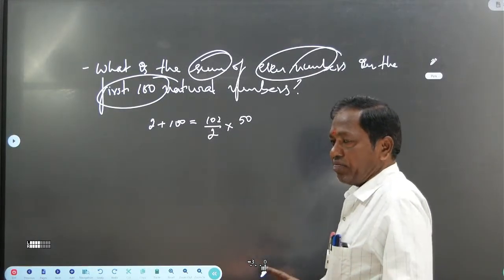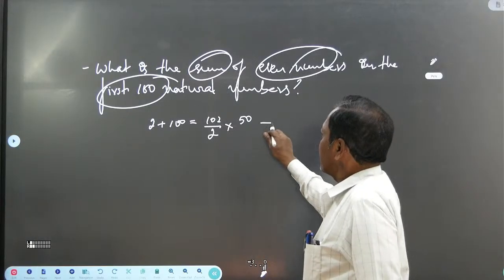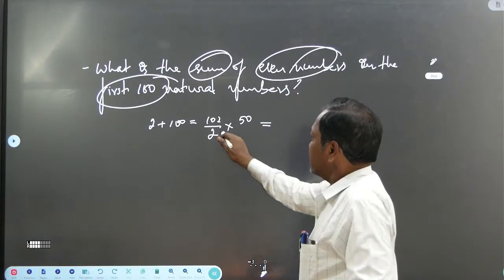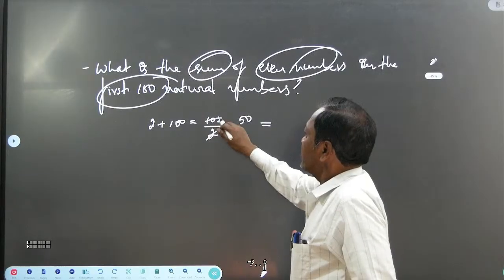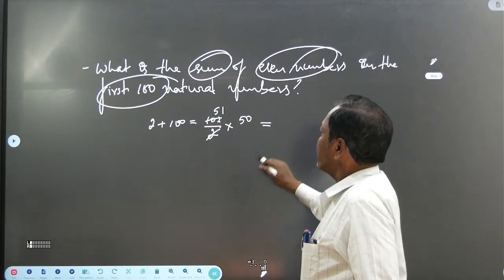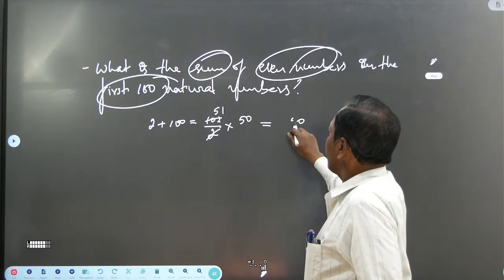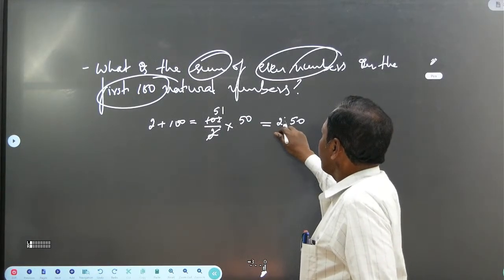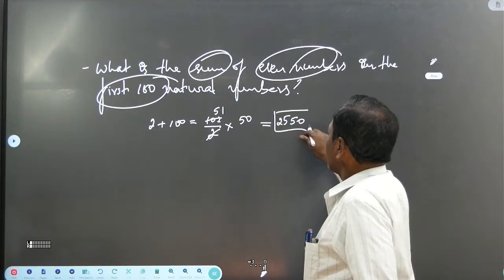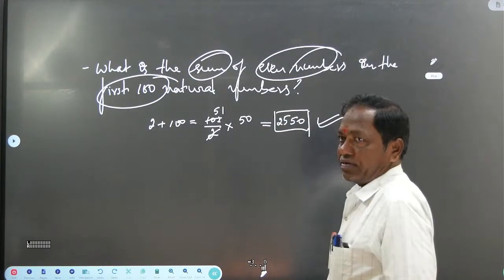Okay, 50 odd numbers, 50 even numbers. Now we can simplify this and this. 51 into 50. So 5 into 0 you can keep, 5 into 1, 5 into 5, 25. This is the thing, right?